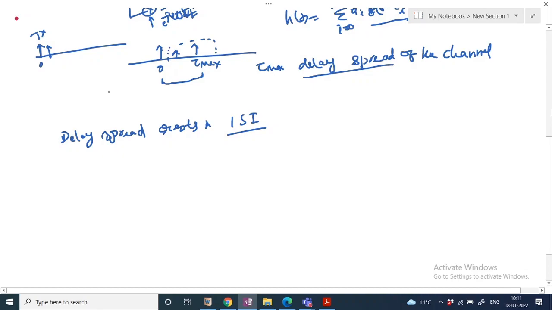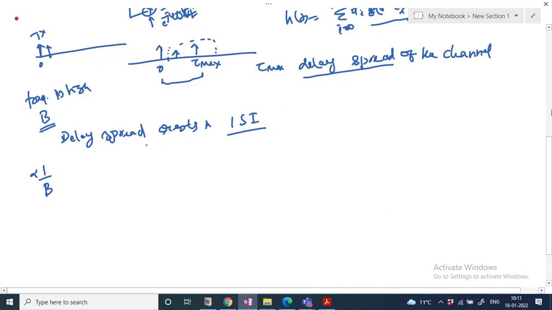These multiple paths are resolvable if you have a high frequency. Let's say bandwidth B is high, so the delay bins are proportional to 1 upon B, and these delay bins can be resolved at the receiver. So you can see these paths can be resolved.